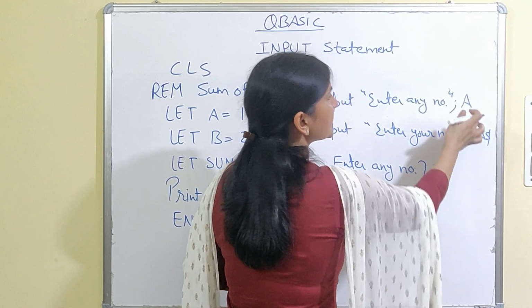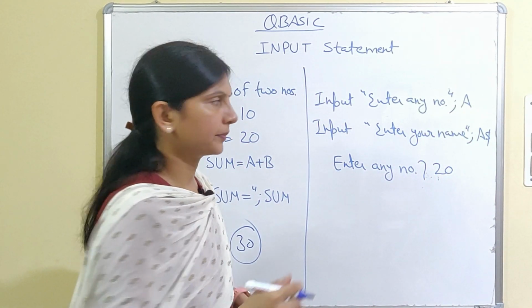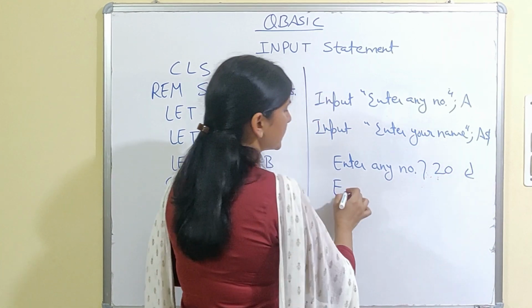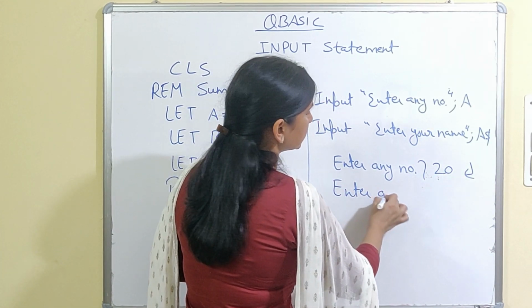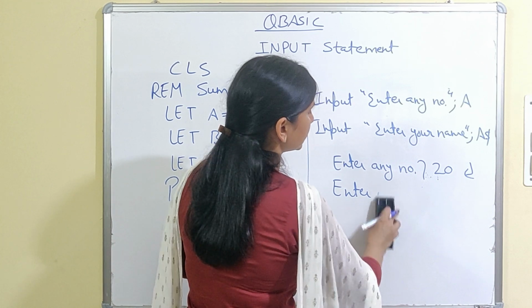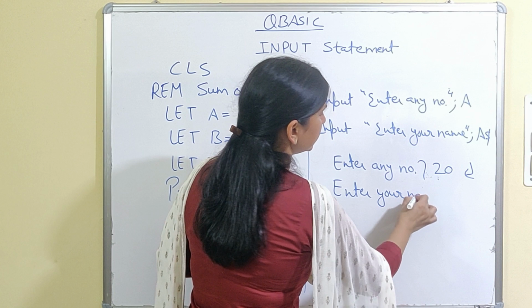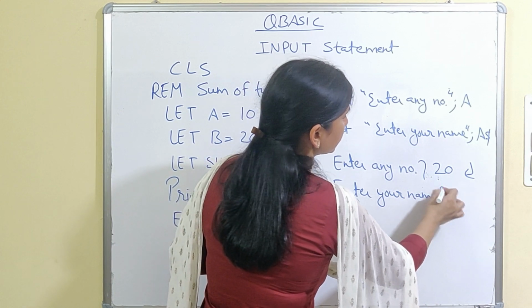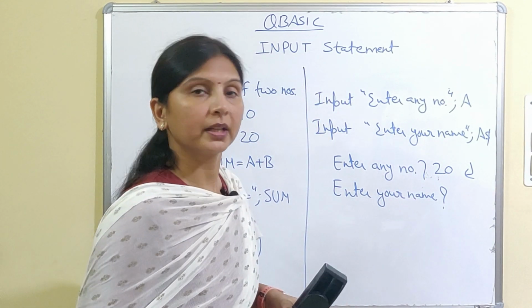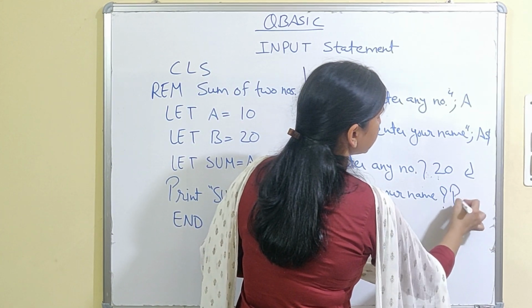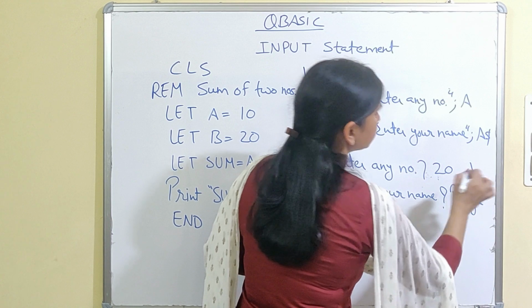So 20 will be assigned to A. Then as you press enter, another message will come: whatever message you have written here, "Enter your name", question mark. Then you will give your name, like Priya, I am giving.